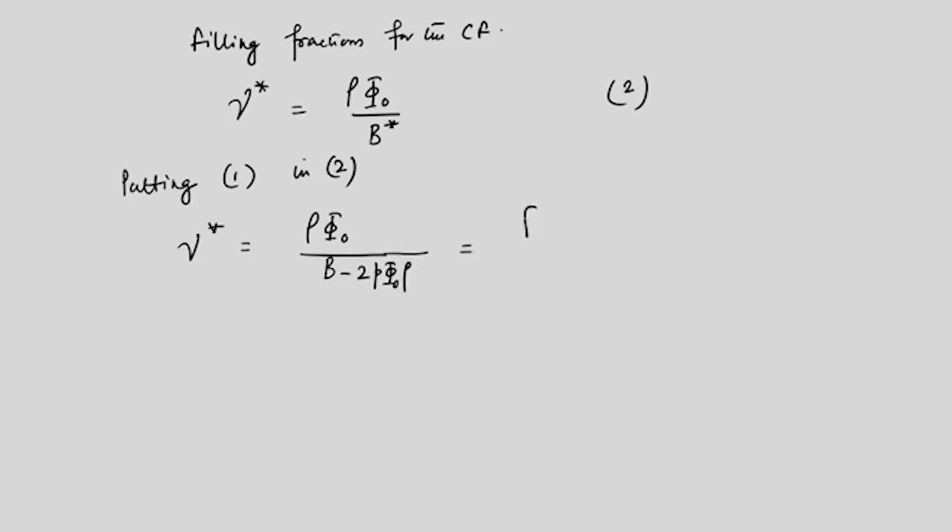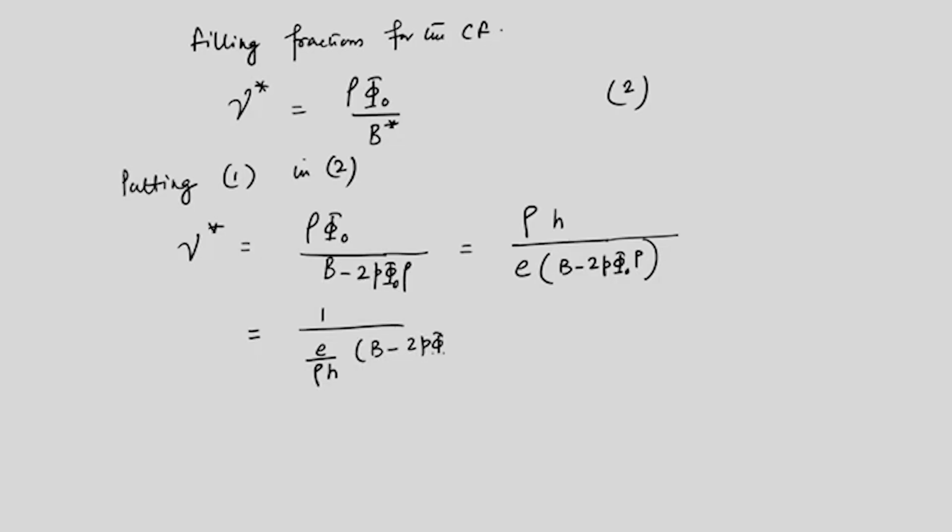Okay. So, I write phi 0 as h over e, and then I take this rho also down, so this is like 1 divided by e over rho h and B minus 2p phi 0 rho, and then a little bit of algebra.